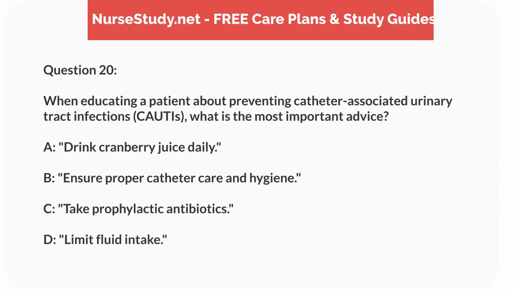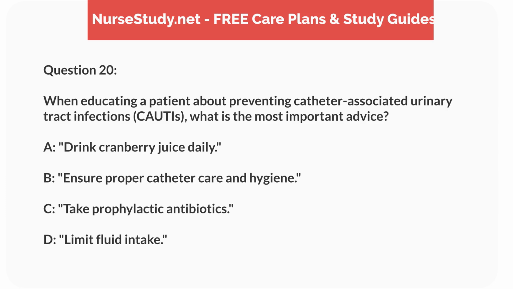Question 20. When educating a patient about preventing catheter-associated urinary tract infections, CAUTIs, what is the most important advice? A. Drink cranberry juice daily. B. Ensure proper catheter care and hygiene. C. Take prophylactic antibiotics.